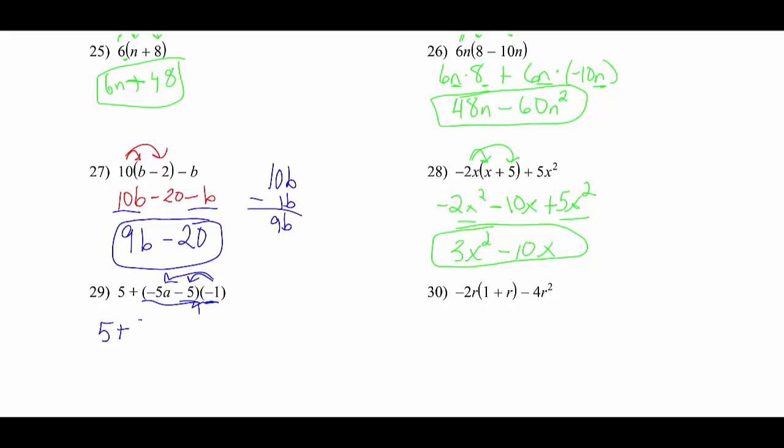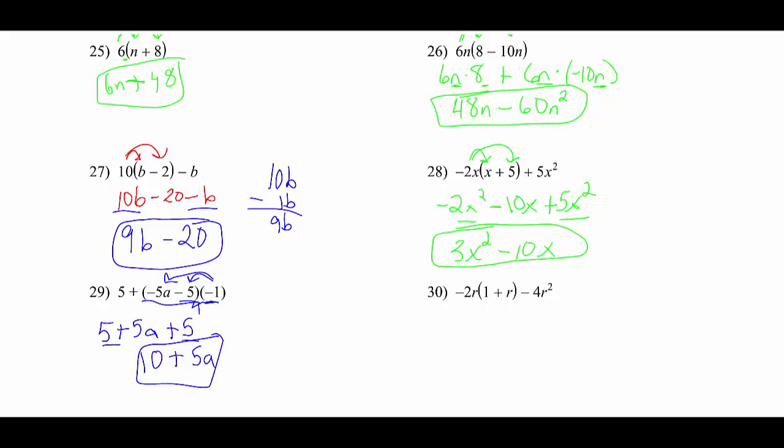And then we'll do negative 5 times negative 1, which is positive 5. We'll add our like terms. There's lots of 5s in this problem. Our like terms make this 10 plus 5a. And that's our answer. You also, on each of these, could have written them in the opposite order. Like you could write 5a plus 10, and that would be the same answer.